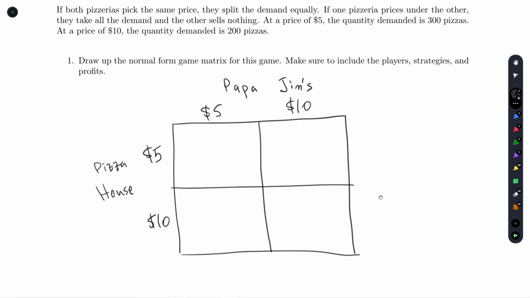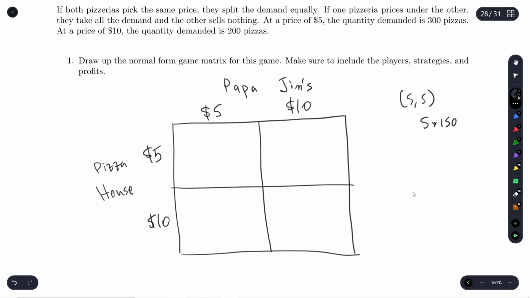Next, we need to think about the profit that they're going to make. The problem stated that we're going to assume for simplicity that there are 0 costs, so we're just going to calculate the revenue for everyone. If both price at 5, they're going to split the total quantity demanded of 300 in half, so that's 150 each. So if we're at 5 and 5, the profits are going to be 5 times 150 for each of them, and that's 750.